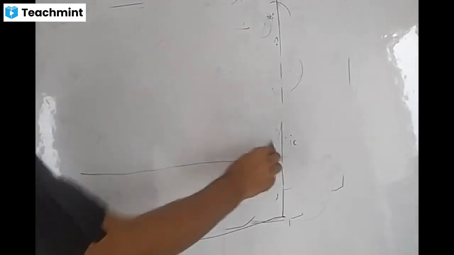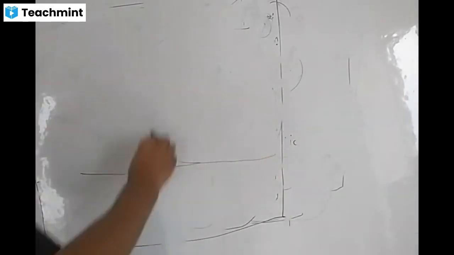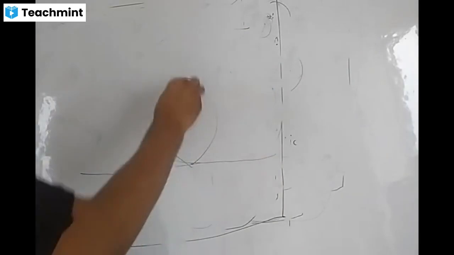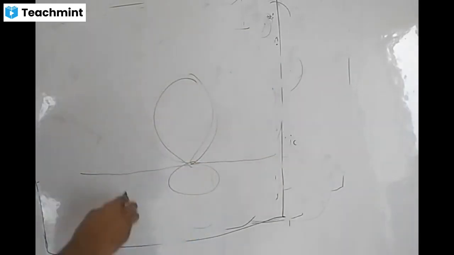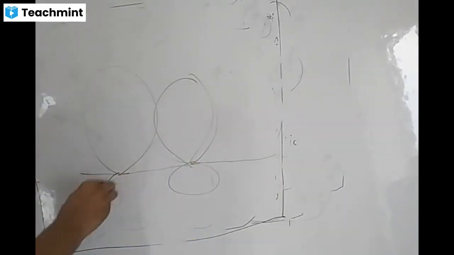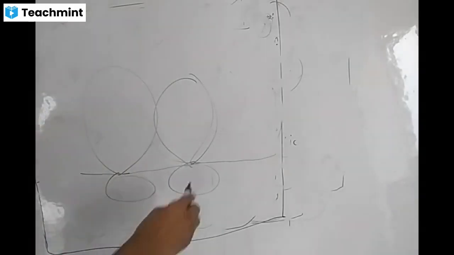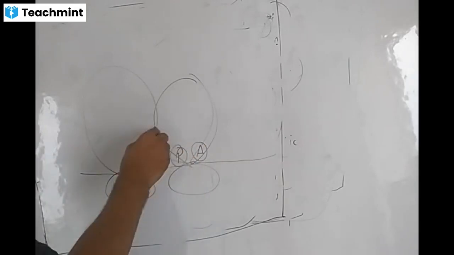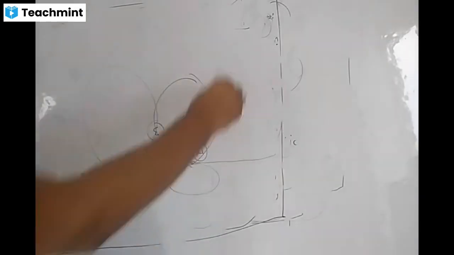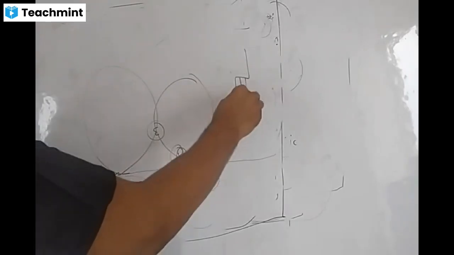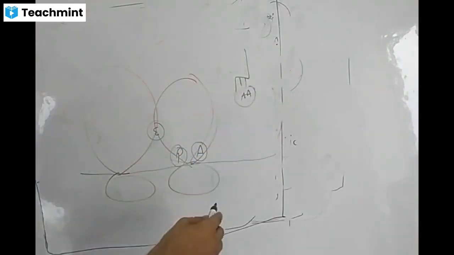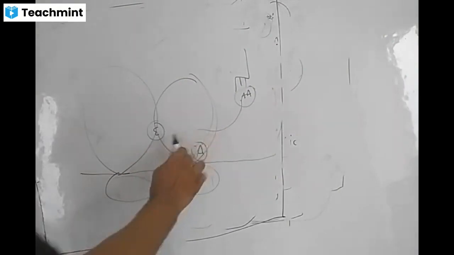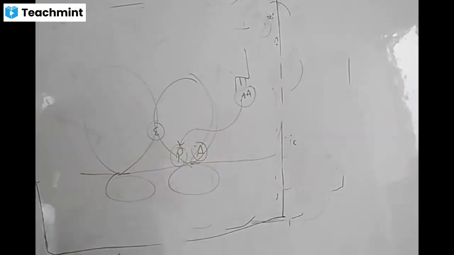Suppose this is your messenger RNA, and these are the ribosomal subunits, which are made up of A site, P site, and exit site. The tRNA comes with amino acid and sits at the incoming site. That is always first time comes with P site.